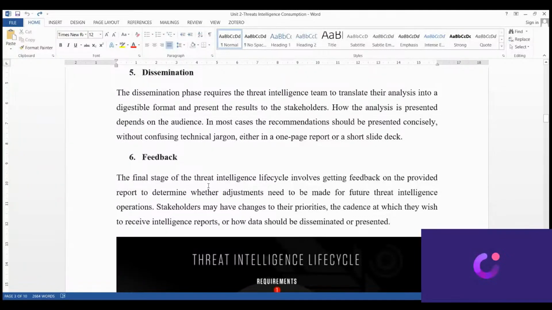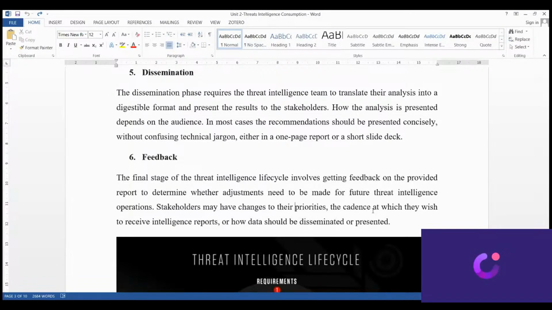Stakeholders may have to change their priorities, and when they change their priorities, they should be able to receive intelligence reports on how data should be disseminated, or the way data is presented to the stakeholder.